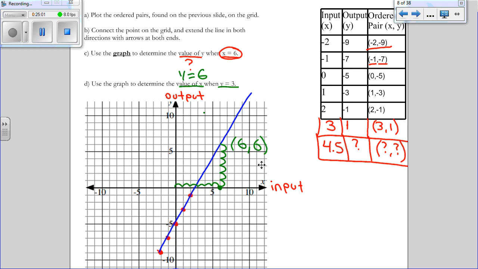How far to the left or right do you have to go to get to your line or your graph? In this case, I would have to go 1, 2, 3, 4. Let's call it 4. I would have had to go 4 to the right to get an output of 3 up.